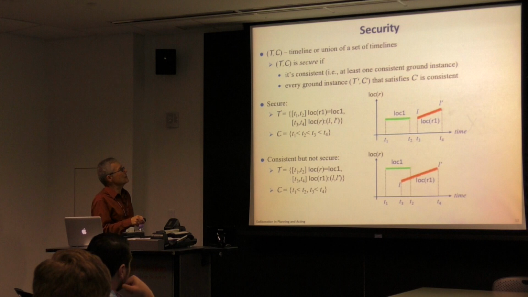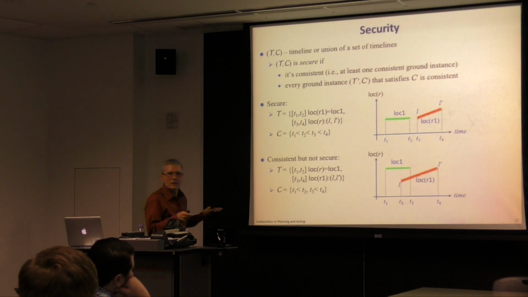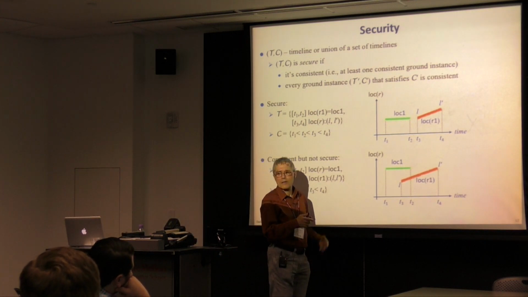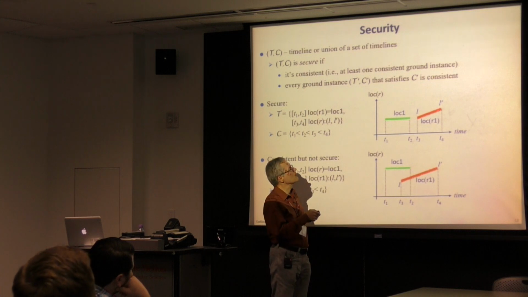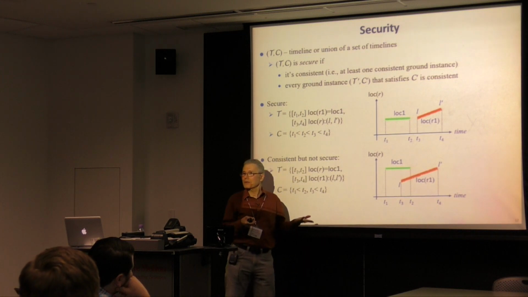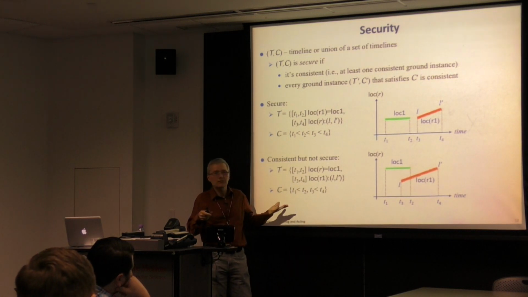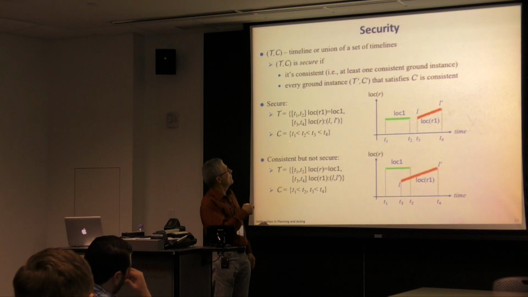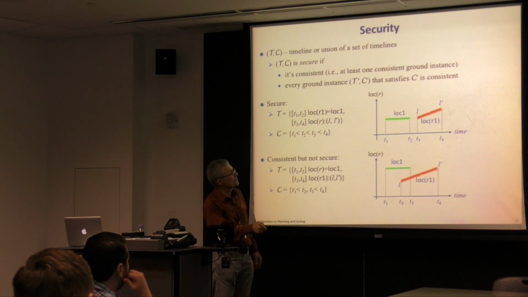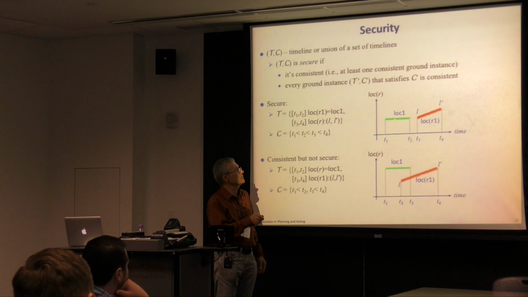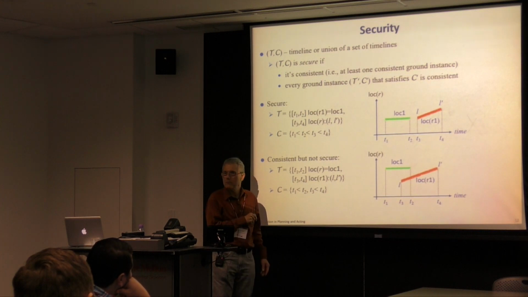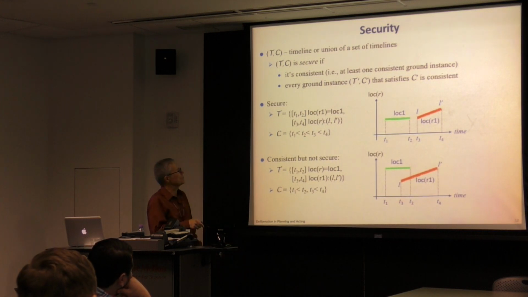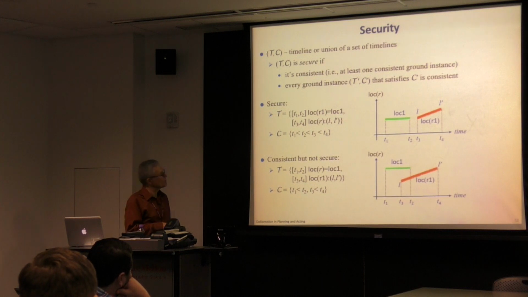We know that it has at least one consistent ground instance. I think I showed you that a moment ago. Furthermore, no matter what ground instance you take, it's going to be consistent because the time points are required to be in this order. Therefore, there cannot possibly be any conflict between that and that. So as long as these constraints are satisfied, we're fine.